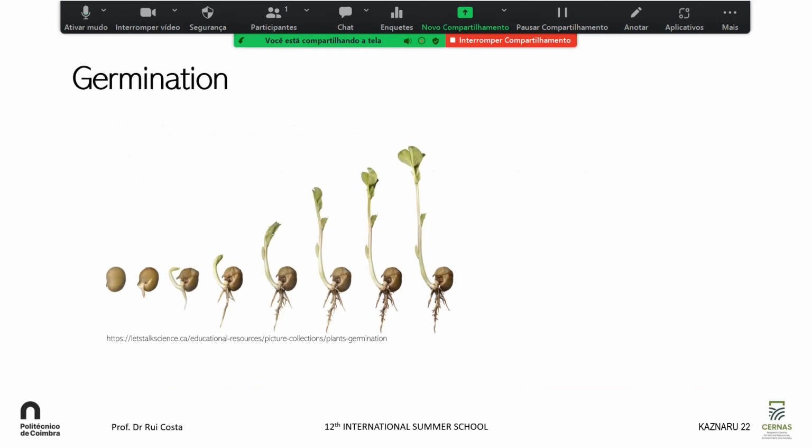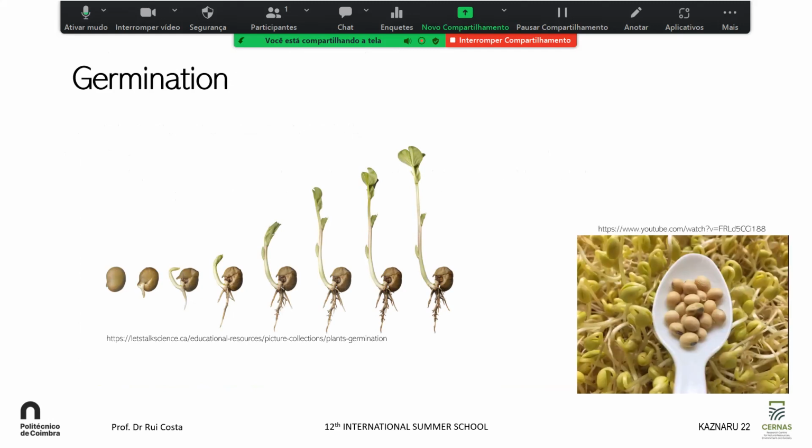the germination? So germination is the transformation of a seed into a plant. So here are the several steps that occur in germination. Of course, usually we don't do this at home, but some people do it. Why do they do it?